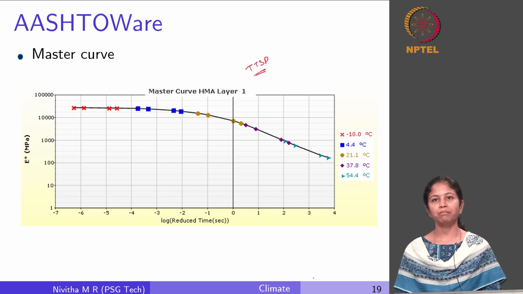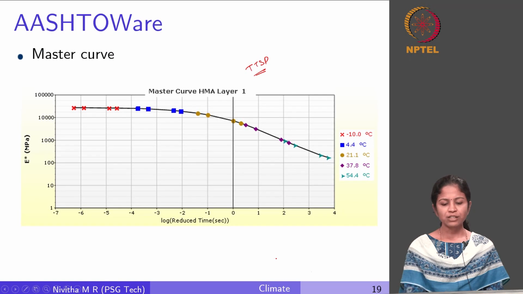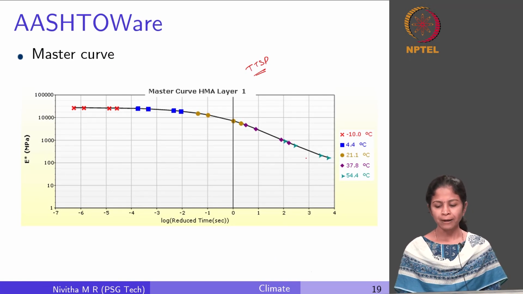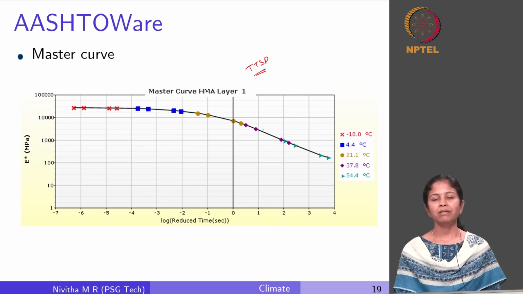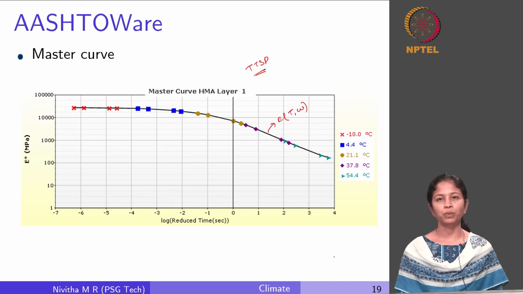Again, you should have been briefed about this in one of the previous lectures. So we use this and construct a master curve, right. It is constructed for a specific reference temperature, but from this master curve we will be able to take the modulus value for any given temperature and any given frequency, right.